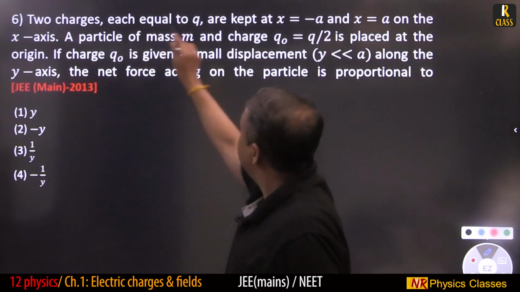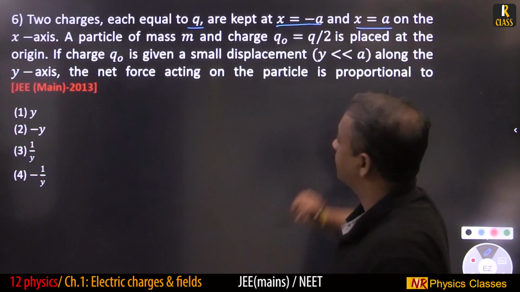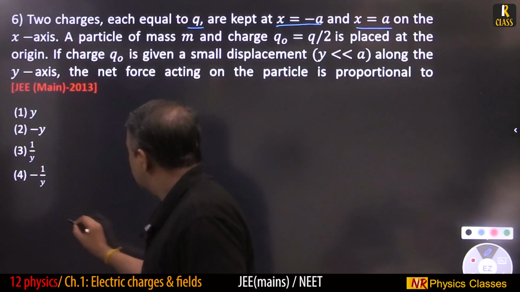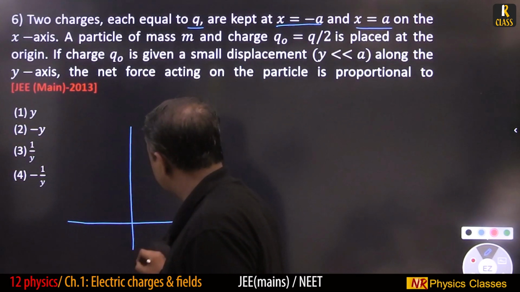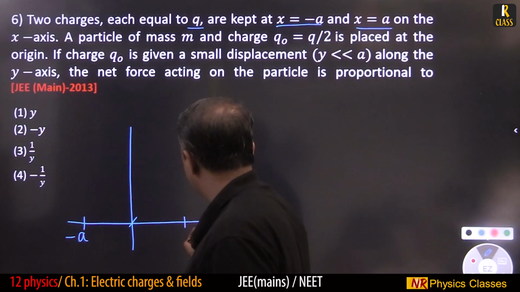Two charges, each equal to Q, are kept at x equal to minus a and a on the x-axis. So, x-axis, y-axis, origin, this is minus a and this is a.